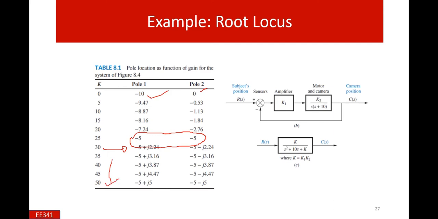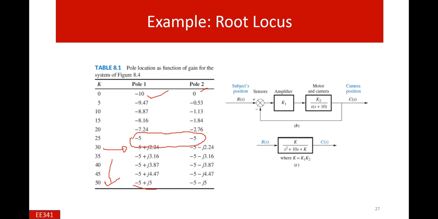For K equal to 50, one pole, which started from the position of -10, is now in the complex plane at the position of -5 plus j5. It is on the upper side of the left half plane, and the other pole is at the lower end.